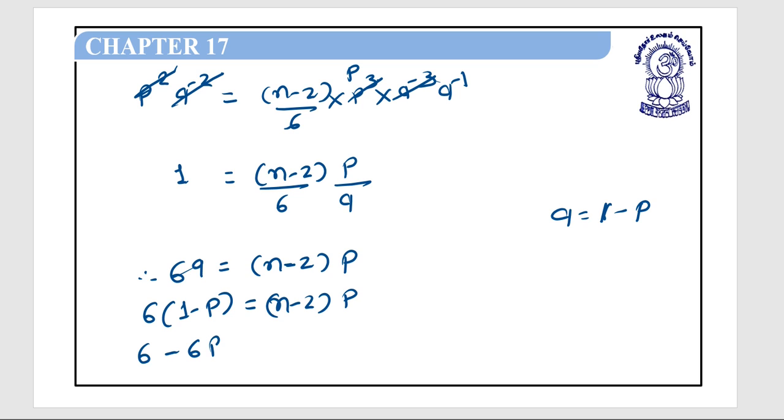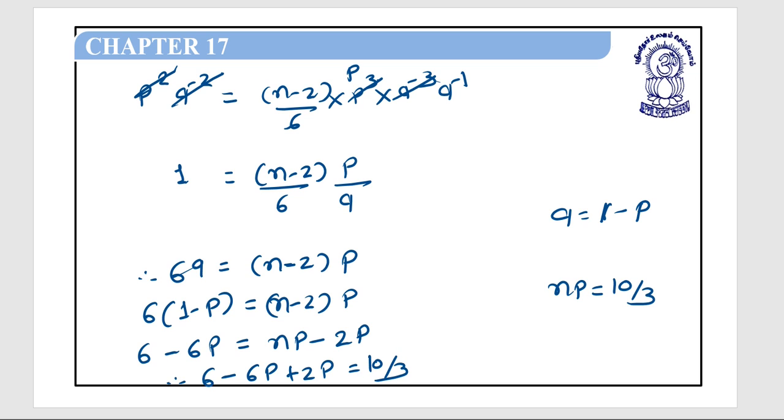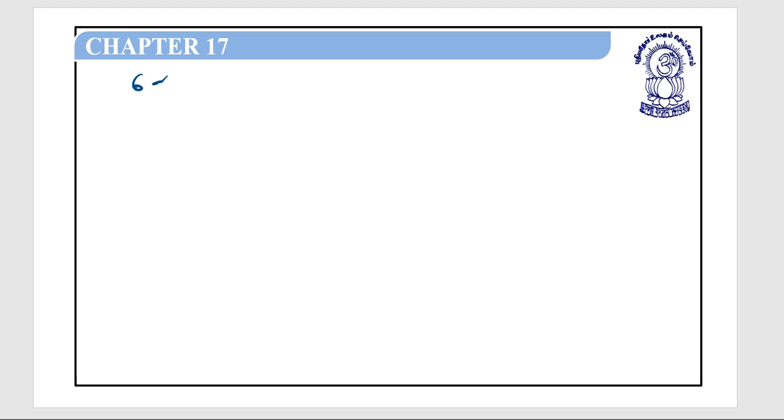6 ones are 6 minus 6p is equal to np minus 2p. np is equal to 10 by 3. So 6 minus 6p plus 2p is equal to 10 by 3. So 6 minus 4p is equal to 10 by 3.